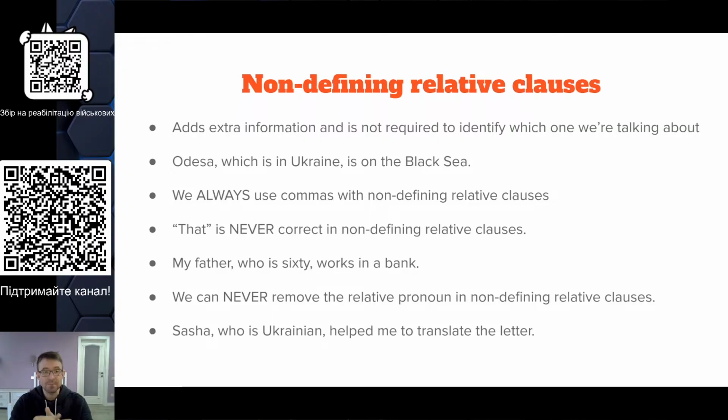Continuing on with this, the word "that" is never correct in non-defining relative clauses. So the word that we can never use in these types of constructions. So, for example, I've given you the sentence, "My father, who is 60, works in a bank." This is a non-defining relative clause. We are giving extra information about my father, and so we have the commas, and so this means that we cannot say, "My father, that is 60, works in a bank."